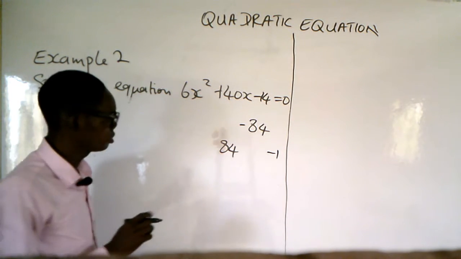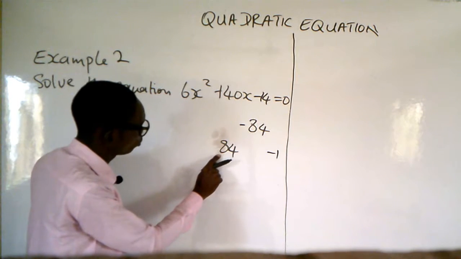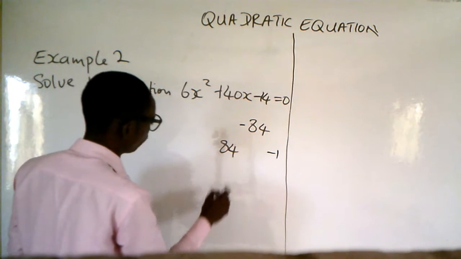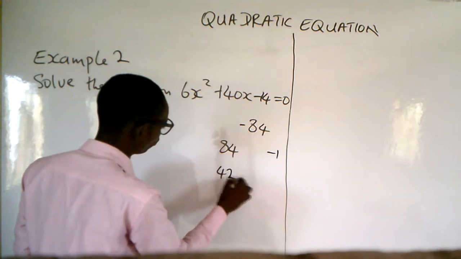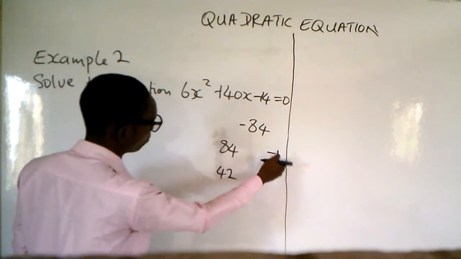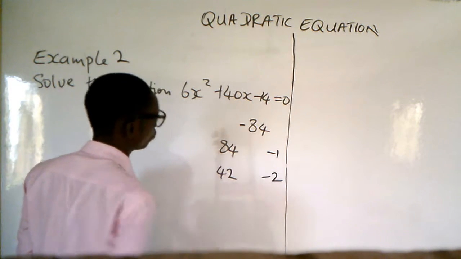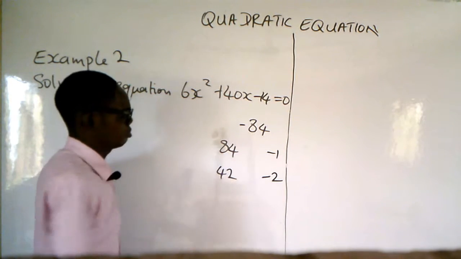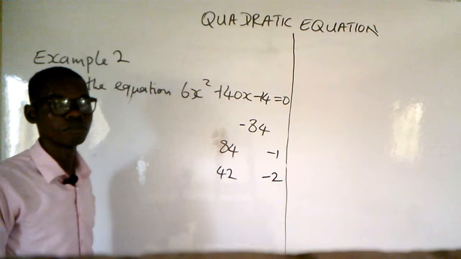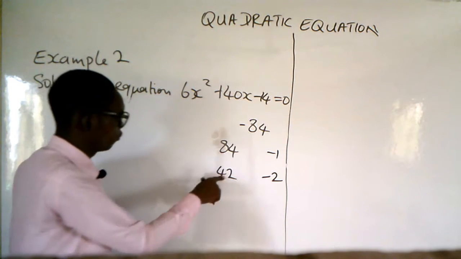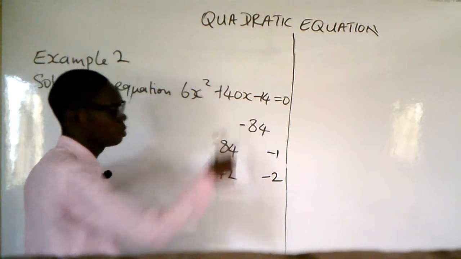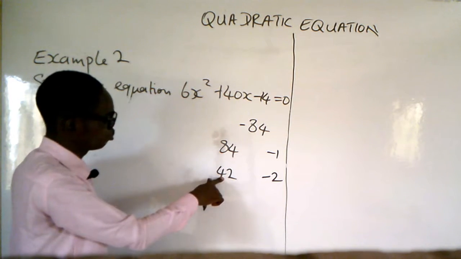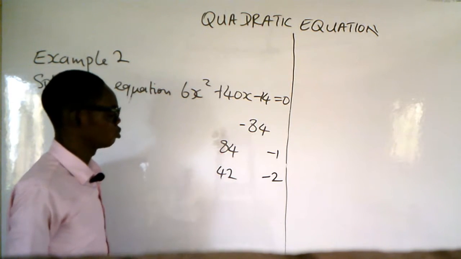If you use 2 to divide 84, you have 42. Then multiply the minus 1 by 2, you have minus 2. 42 times minus 2 will give me minus 84, and 42 minus 2 will give me 40. So I've gotten the two numbers, 42 and minus 2.